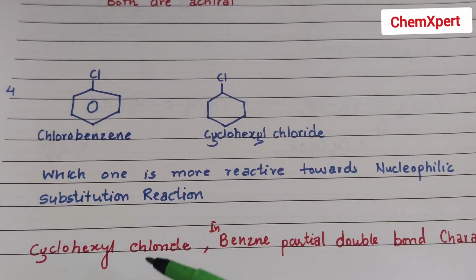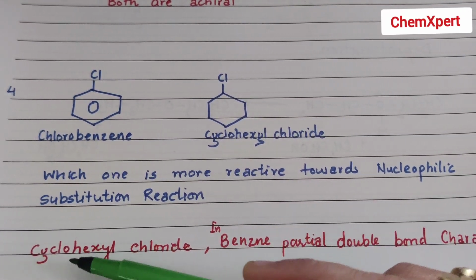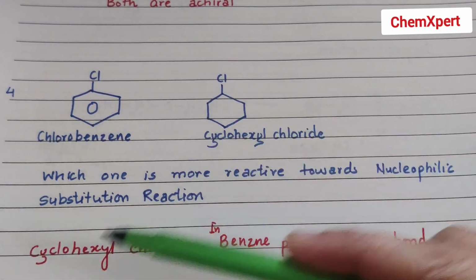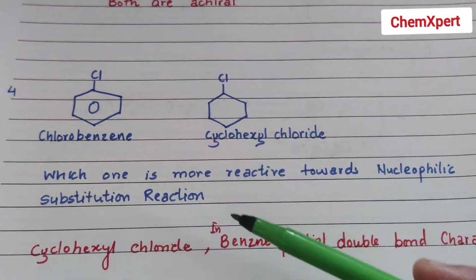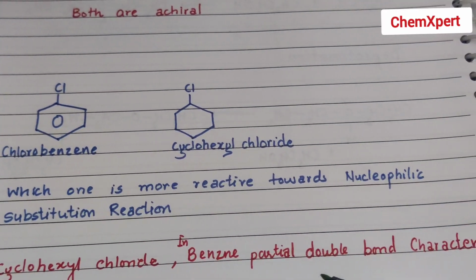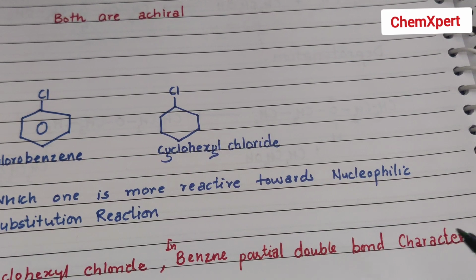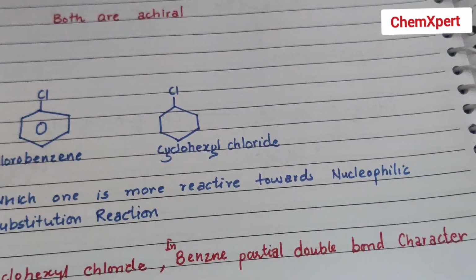So cyclohexyl chloride is more reactive, whereas chlorobenzene is less reactive because of partial double bond character which arises due to resonance.